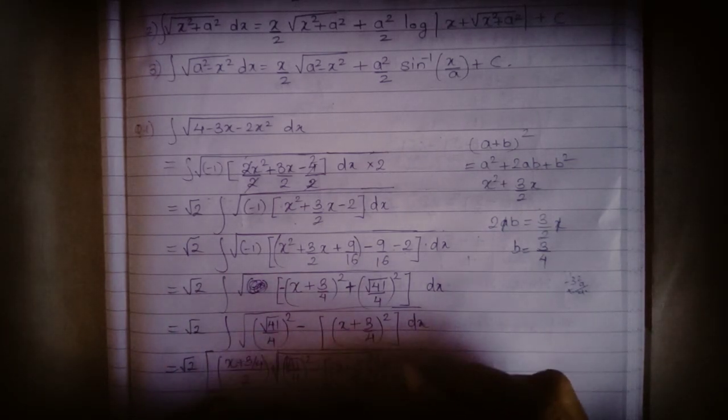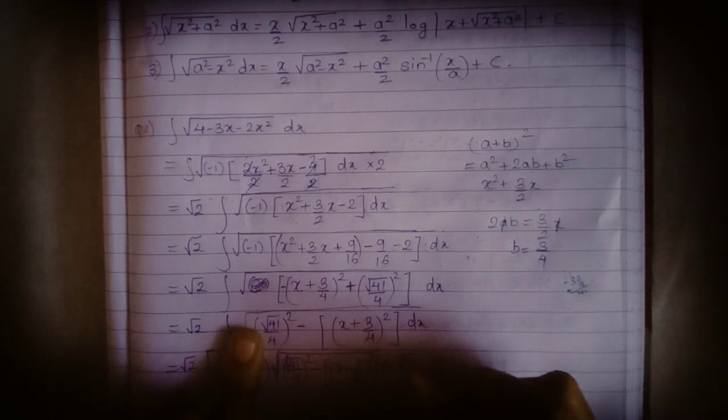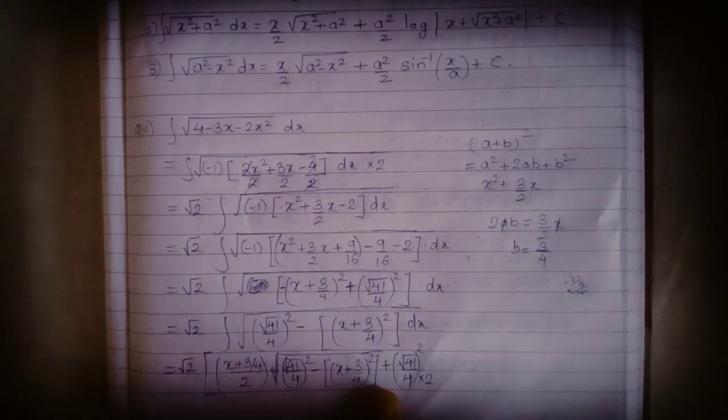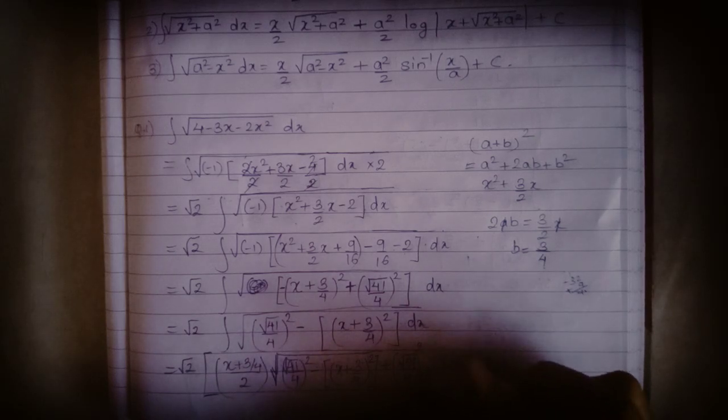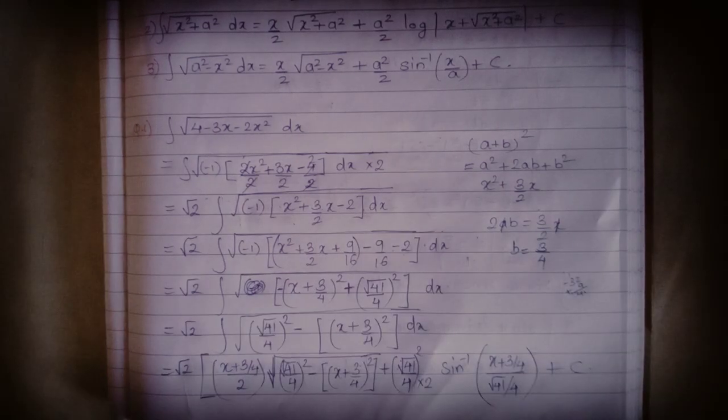A is our 3 by 4. Oh no, a is our root 41 by 4, square, and divide by 2. So here it is into 2, sine inverse of x, which is x plus 3 by 4, upon a, which is root 41 by 4, plus c. So this is the final answer.